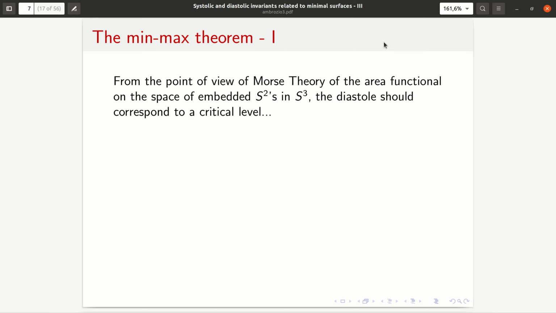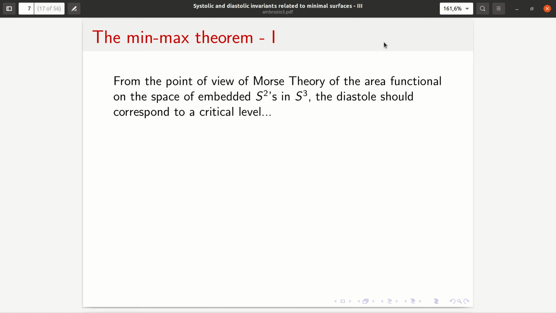At the critical level you find critical points. Critical points of the area functional are minimal surfaces. So that's why they were thinking about this number.